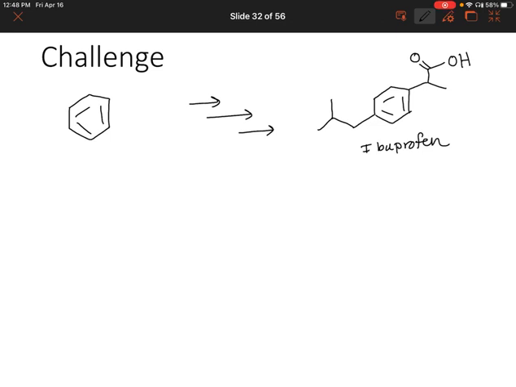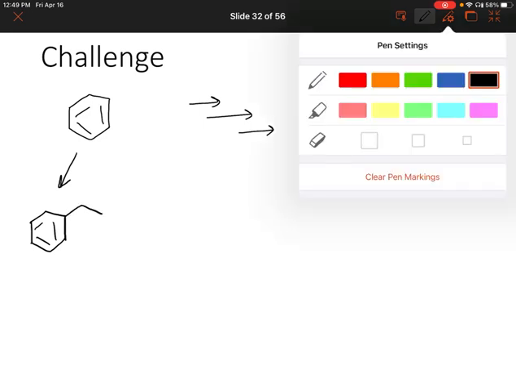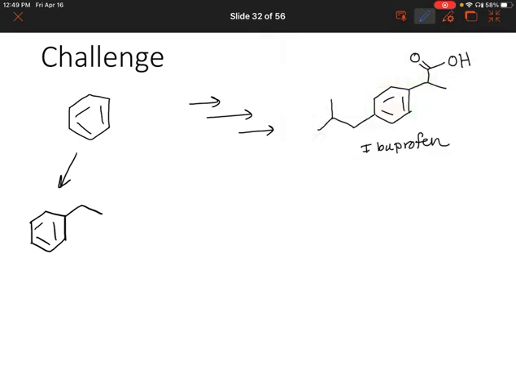I'm also noticing that the two groups are para to each other, so I want to make sure to add those groups para. So probably the first thing I would do is just add that random alkyl group bonded to the carboxylic acid. Now again, my synthesis might look slightly different from yours, and that's okay. They don't have to be exactly the same as long as you get the same product.